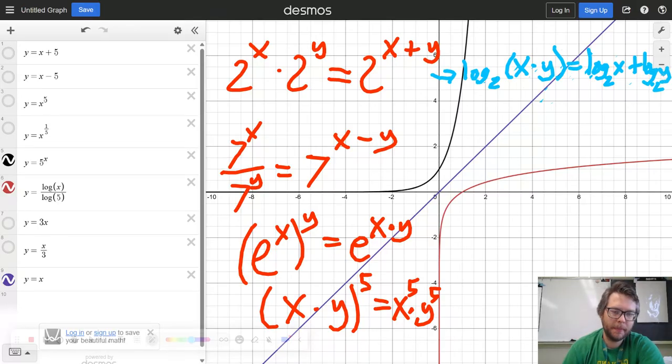It's the same idea. When you're multiplying two things, you can add the exponents. And so if I'm taking the log of two things multiplied, I can add the two logs, because the log gives you what the exponent was.